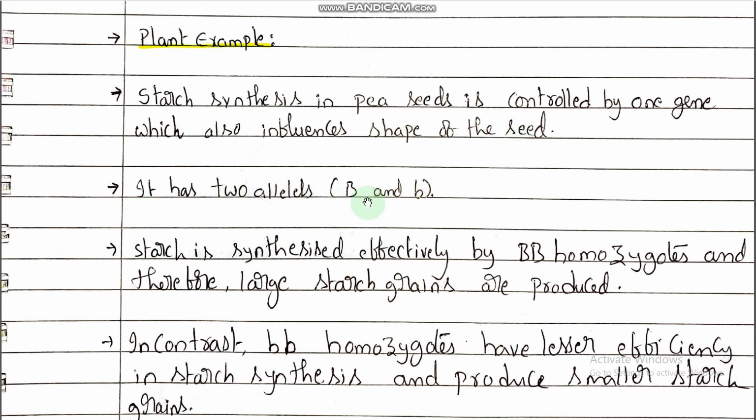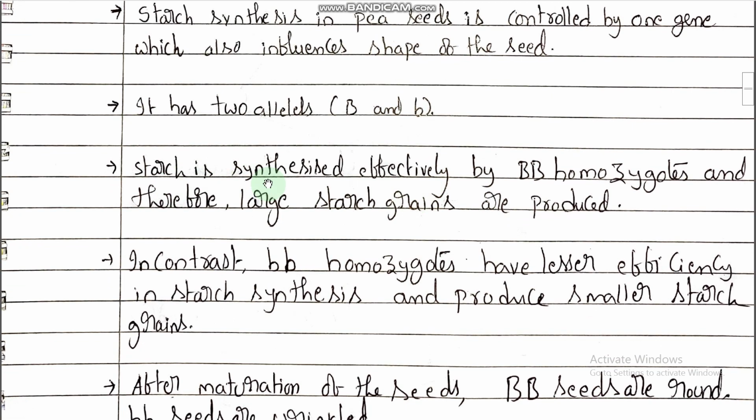The gene has two alleles, capital B and small b, right? Starch is synthesized effectively by capital B homozygotes, and therefore large starch grains are produced.